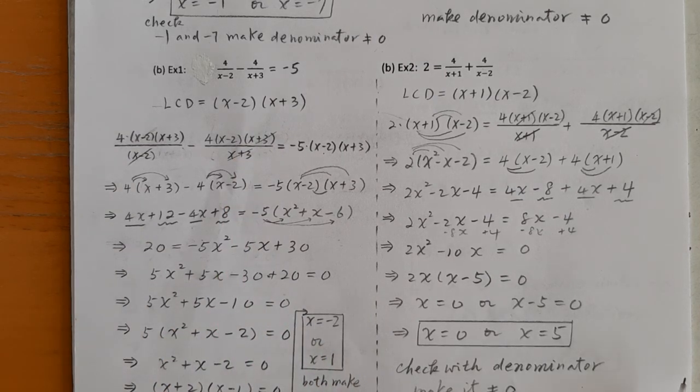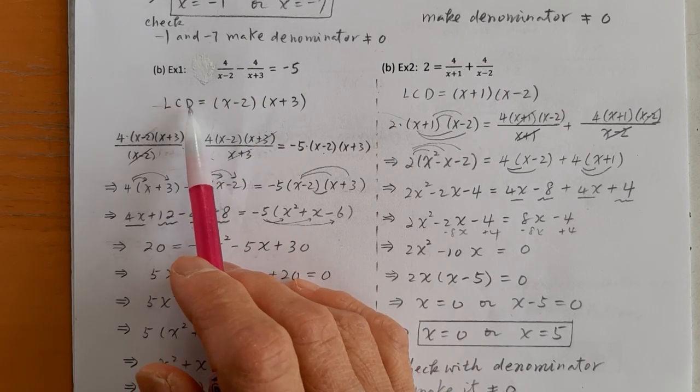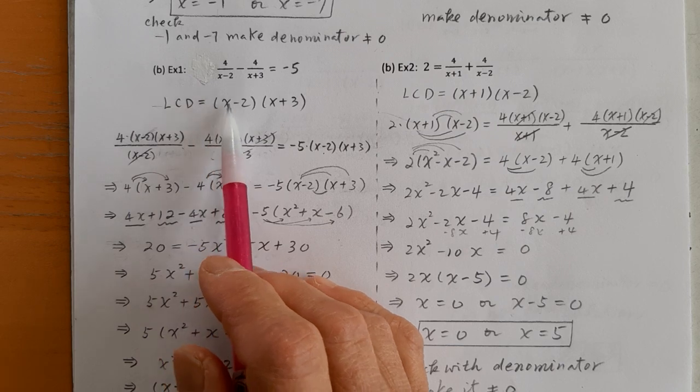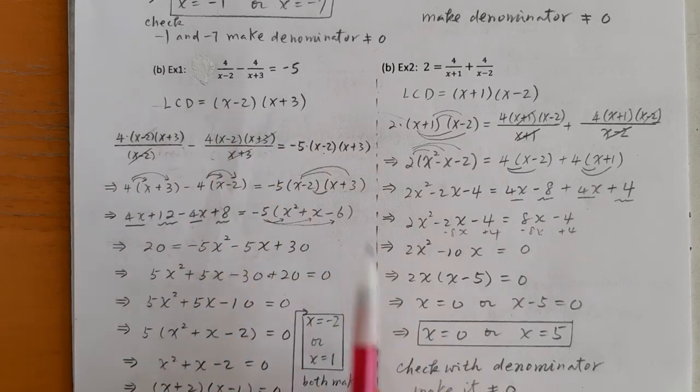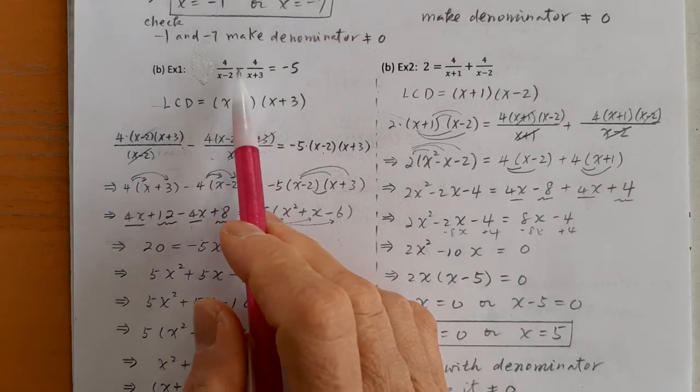How do we remove the denominator? We need to find the LCD, the least common denominator. Since the two factors are different, the least common denominator is just the two factors multiplied together, x minus 2 times x plus 3. And then multiply each term by the LCD.